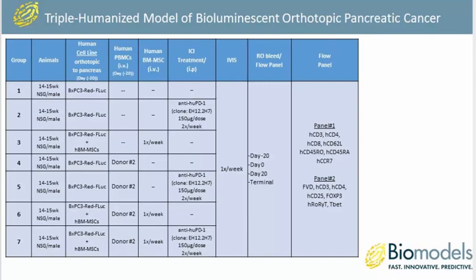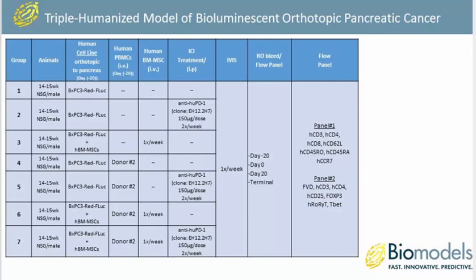So what we wanted to do here was to triple-humanize a mouse, whereby we have a mouse with a human tumor, in this case a BXPC3 pancreatic cancer line expressing a bioluminescent luciferase reporter. We're putting these into the pancreas, where we're following with IVIS.